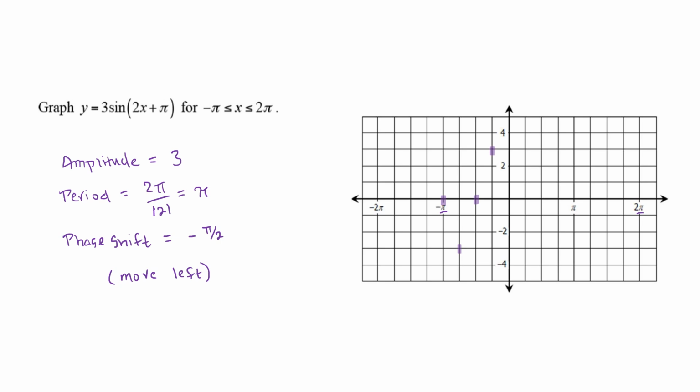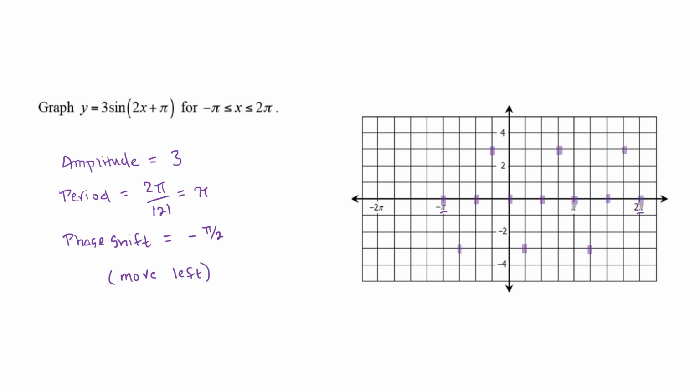Then we'll go to 0. Then we'll go down to -3, then to 0, up to 3, down to 0, -3, 0, 3, 0.